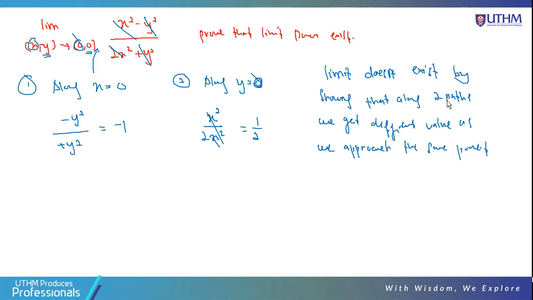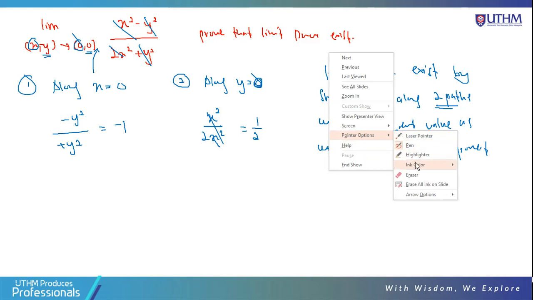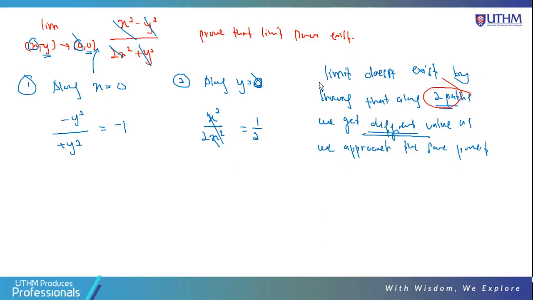So you prove that the two paths give different values, and that means we can say the limit doesn't exist. Two paths: one along x equal 0, the second along y equal 0, and the answers are not the same. That means the limit does not exist. That's the way.